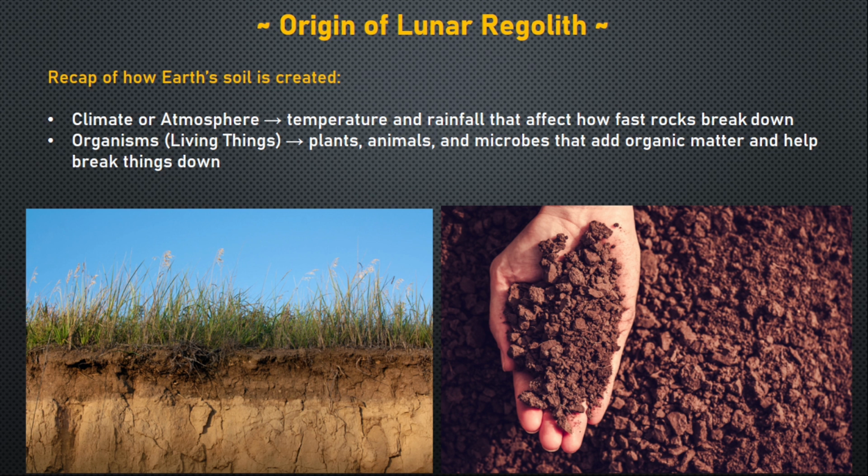When rain is falling on rocky surfaces, it can also crystallize some soil. So they affect how fast rocks break down. Also, soil can be created through organisms, living things. For instance, humans: we are always involved in mining activities and digging the ground. So these processes can create soil.